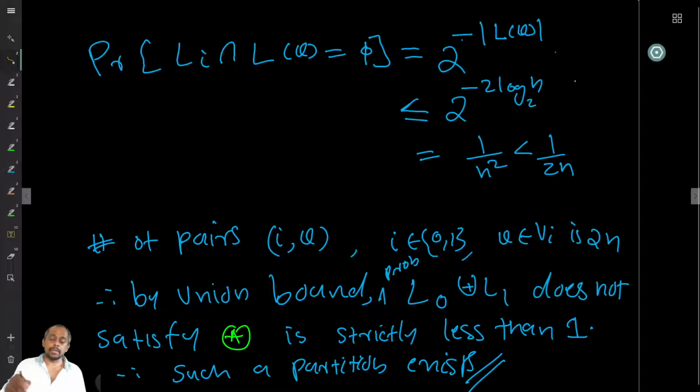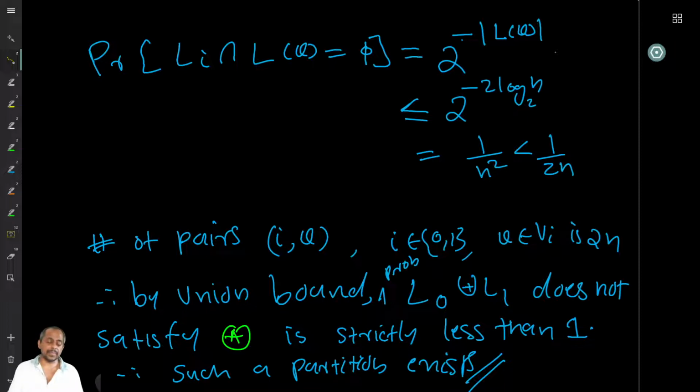That is given to you. So list size is at least this much. Now 2 raised to minus 2 log n is 1 by n square. But this is much less than 1 by 2n, because n is at least 2 and we are assuming that.